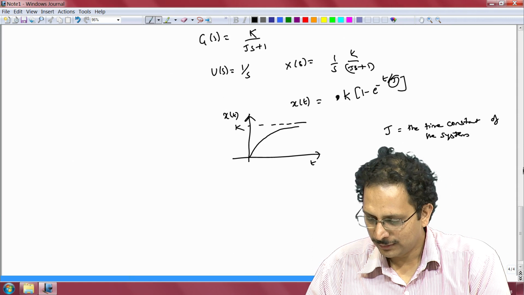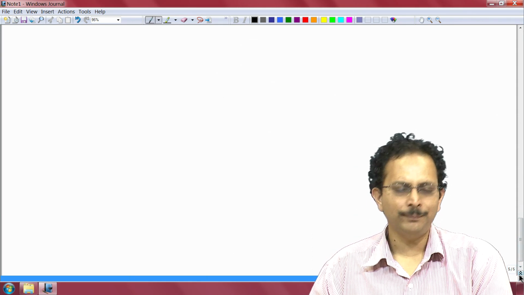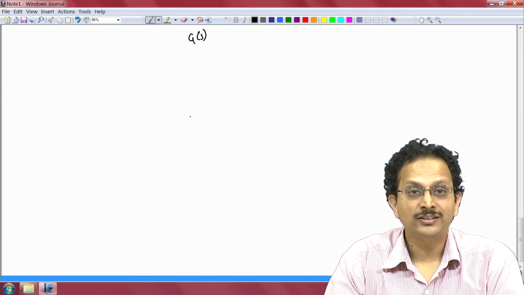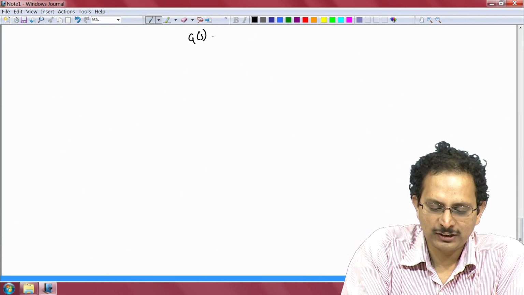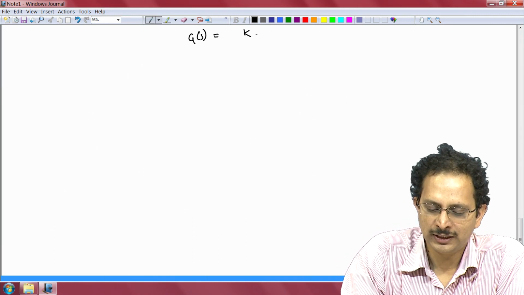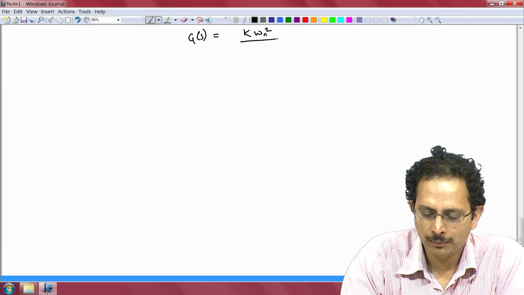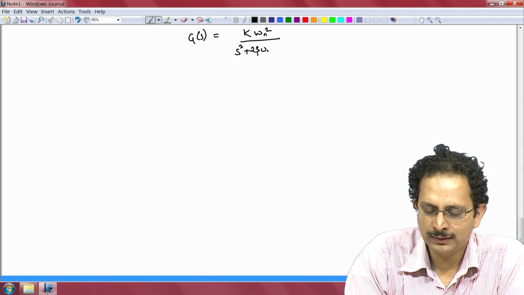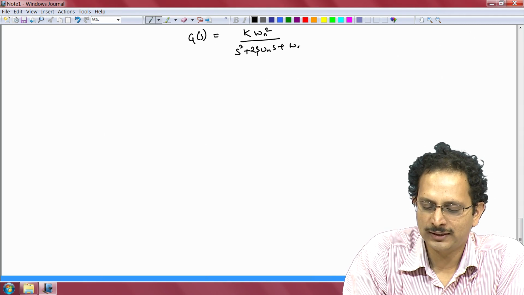Now let us take the case of a second order system. In this example I shall consider a second order system that has a transfer function that looks something like this: k times omega n square by s square plus 2 zeta omega n s plus omega n square.